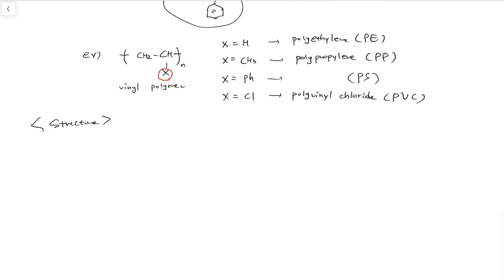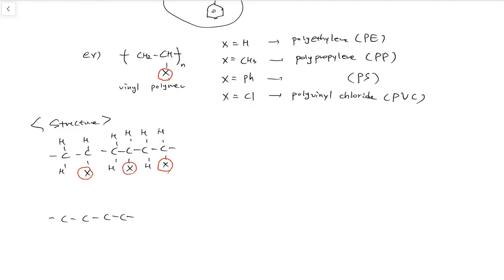So let's say these vinyl polymers look something like this, with H and X. The substituents X can be located in the same position, or they could alternate in position, up, down, up, something like this.